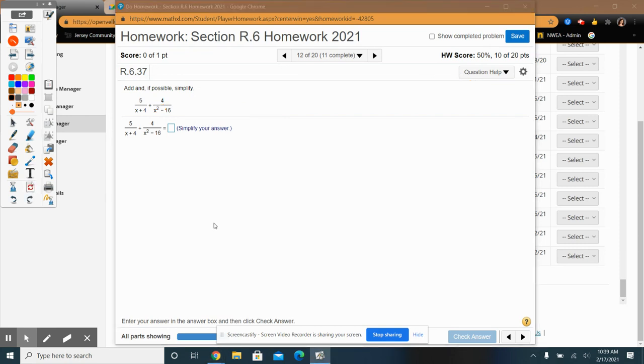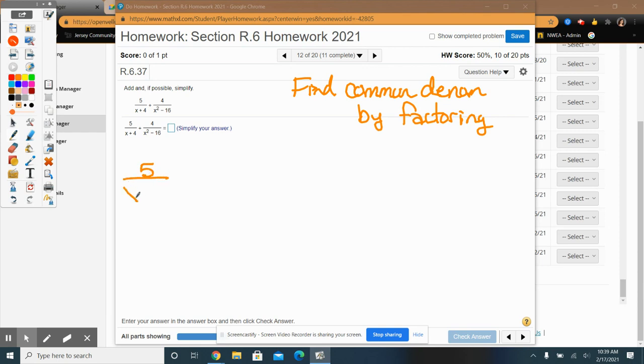Okay, question 12. Before you find the common denominator, you're going to have to factor first. So we're going to find the common denominator by factoring. So the first one does not factor. That's fine. The second one does.